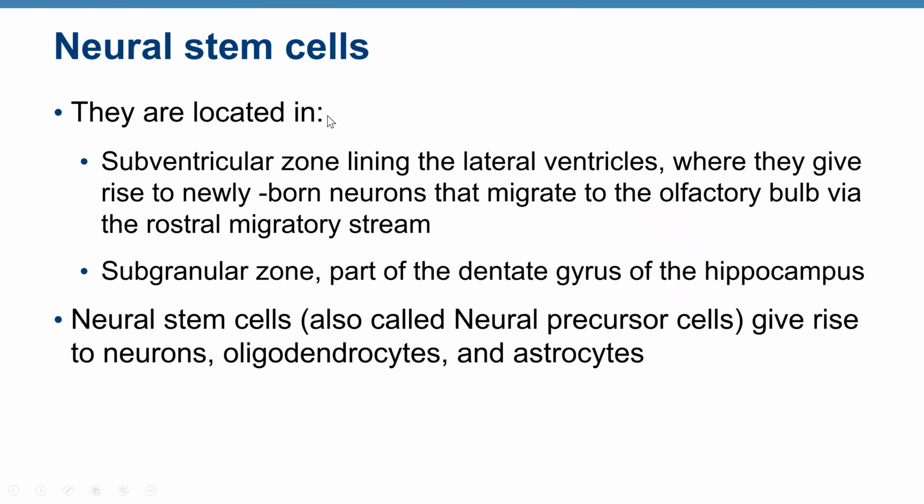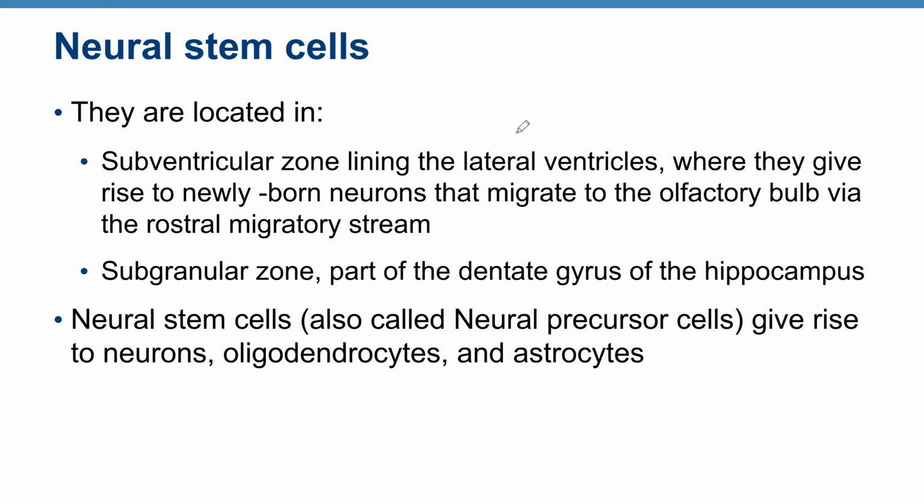Neural stem cells are located in the subventricular zone lining the lateral ventricles. If you didn't take an anatomy class, maybe you don't know what lateral ventricles are. So I'm just briefly going to tell you that inside your brain, you have spaces filled with cerebrospinal fluid, and we call them ventricles. Two of those ventricles are lateral ventricles.